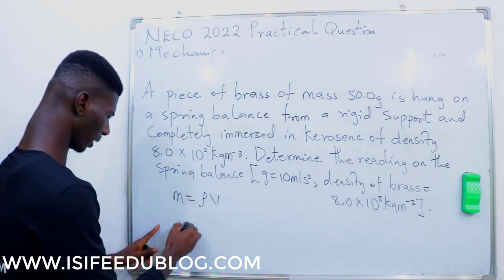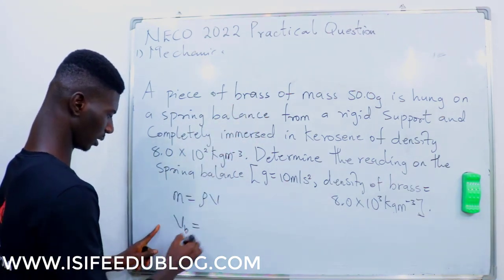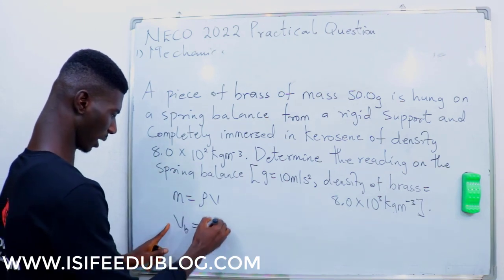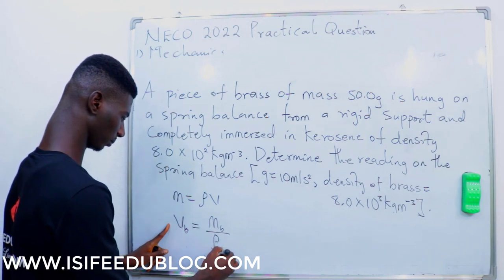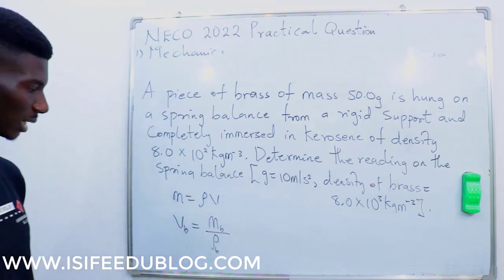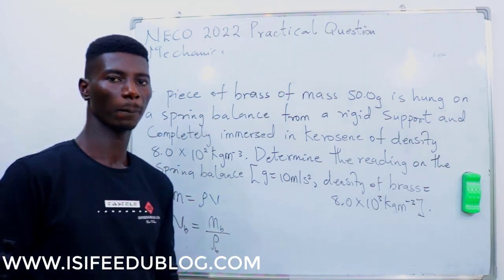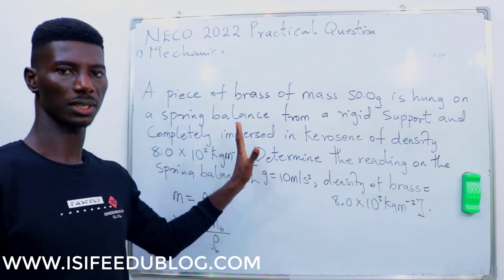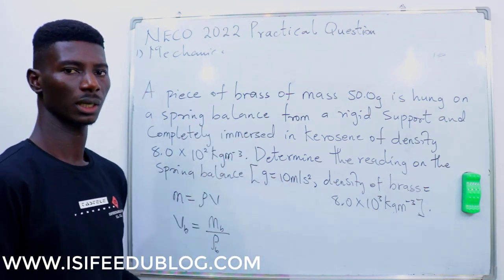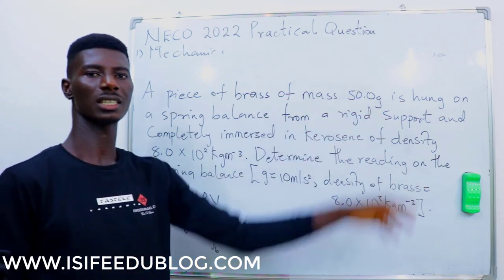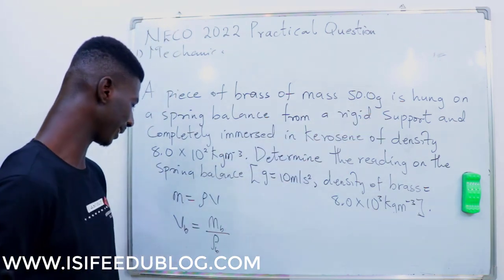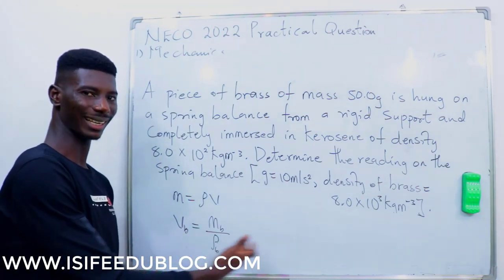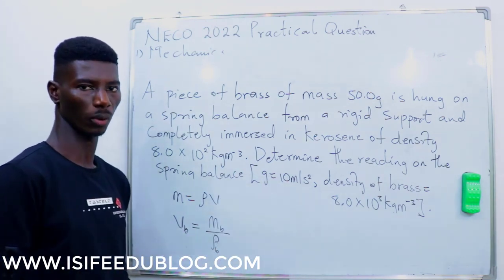So the volume of the brass, VB, is equal to mass of the brass divided by density of the brass. As easy as that. Now, but we know that from the principle of Archimedes, or we say Archimedes principle, that the volume of this object is equal to the volume of the liquid displaced. So if that is the case, that means that the volume for the both of them are equal.